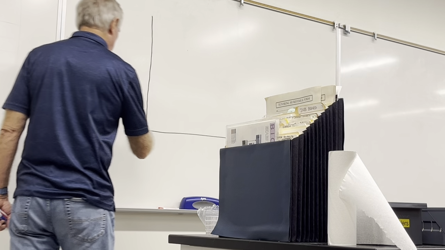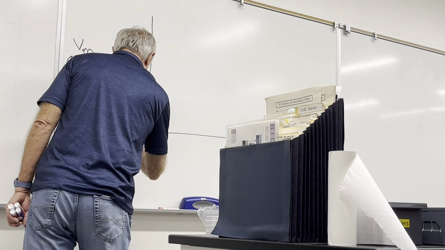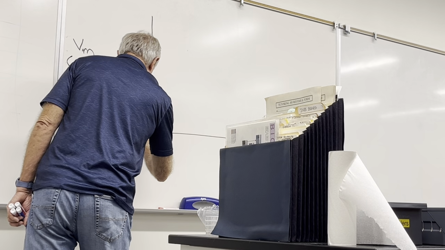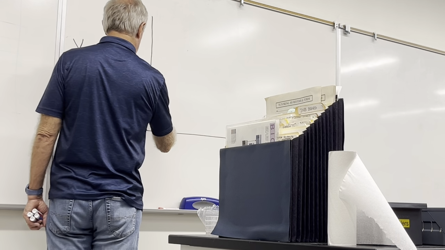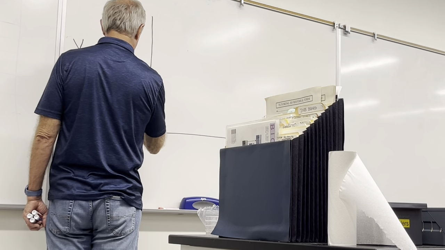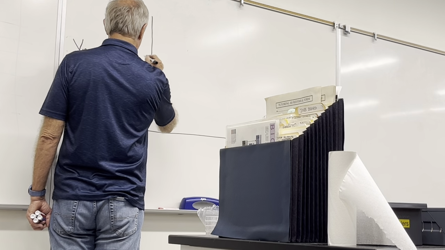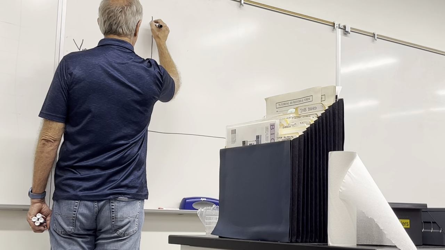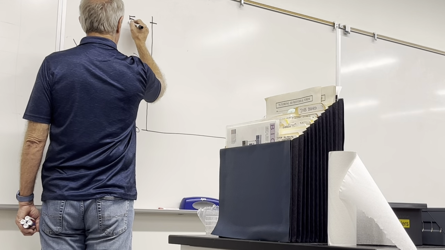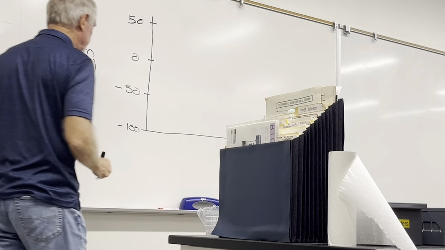And typically, the scale might start at minus 100 millivolts. And I'm just going to go up in increments of 50 millivolts. So I've got minus 50 millivolts, 0, and then we'll say 50 millivolts.